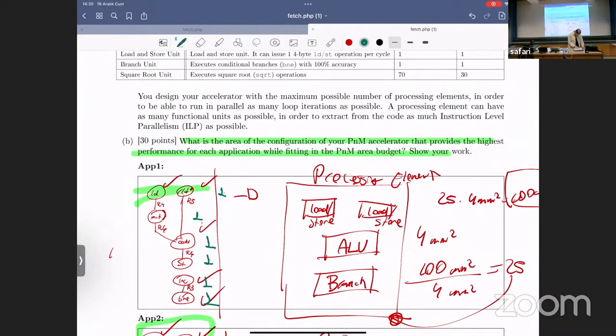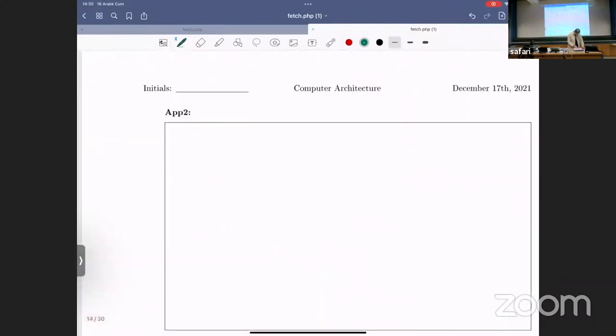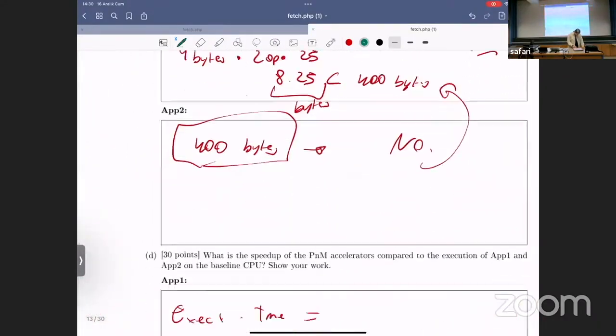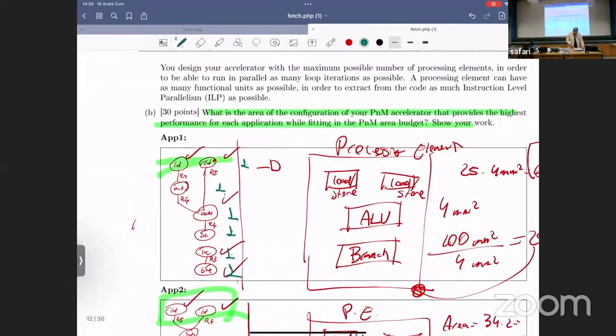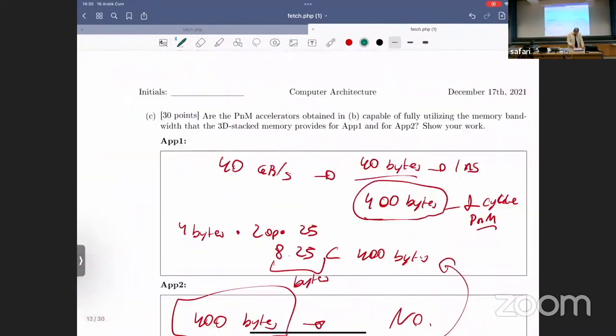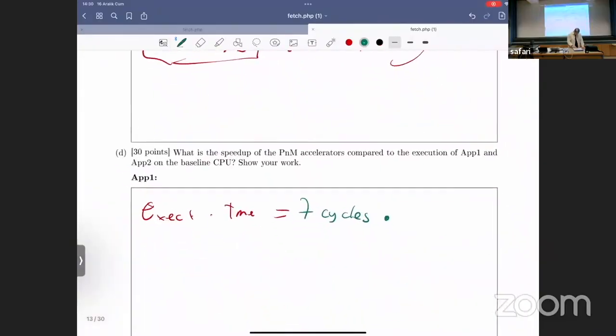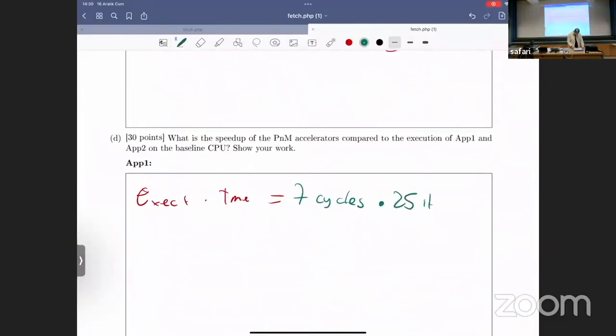So 1, 2, 3, 4, 5, 7. So it's going to take 7 cycles. And we repeat the loop 25 times, right? So times 25 iterations.